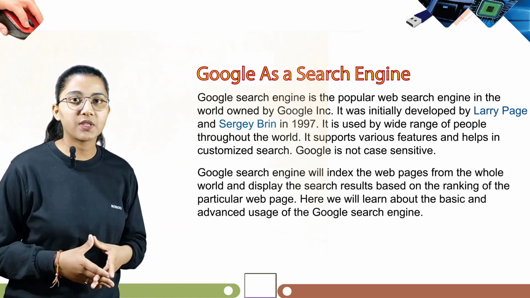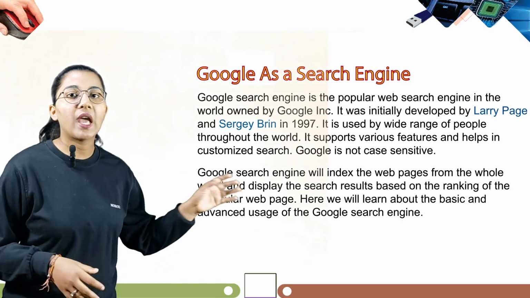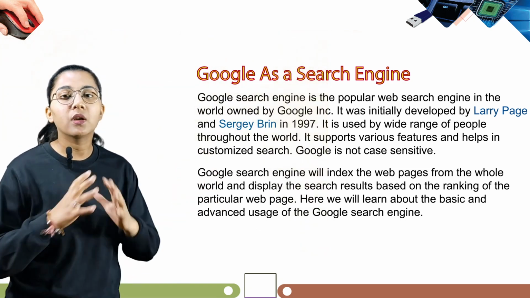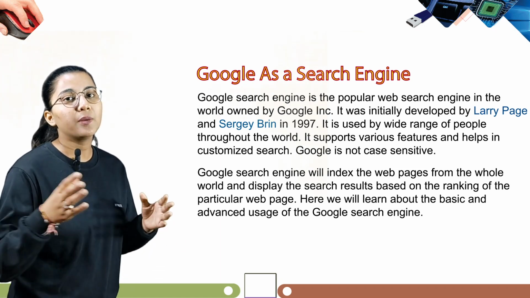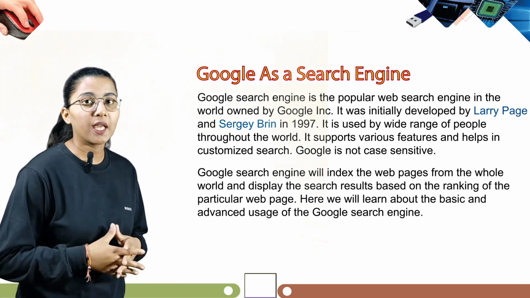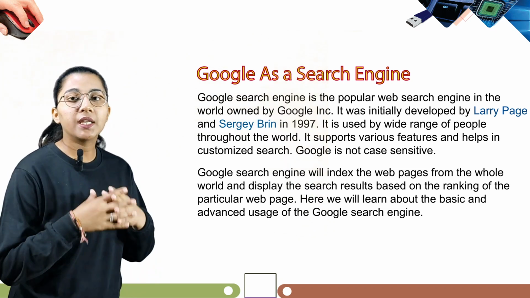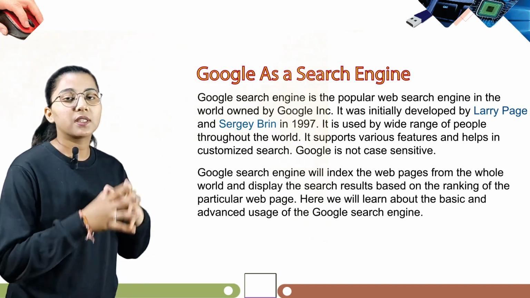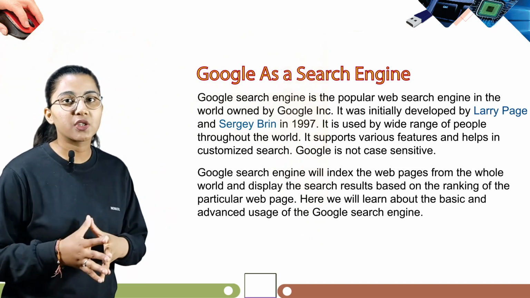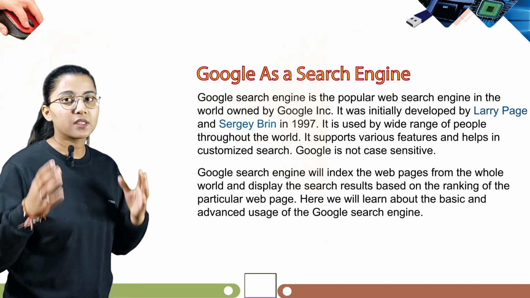So students, as we just learned, Larry Page and Sergey Brin own Google. It was initially developed by Larry Page and Sergey Brin in 1997. It is used by a wide range of people throughout the world. It supports various features and helps in customized search.